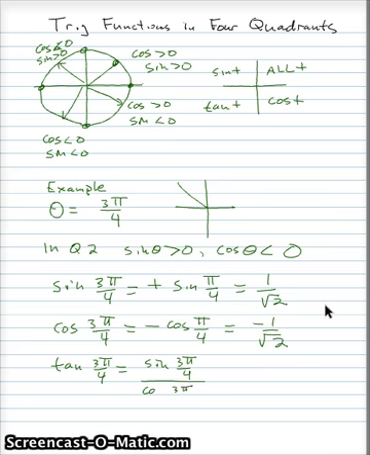So of course in this quadrant the tangent is going to have to be negative. What do we get? We get 1 over root 2 divided by negative 1 over root 2, which is simply going to be equal to negative 1. So those are some of our basic angles for us to work with. Now we'll take a look at a couple other sorts of problems here.